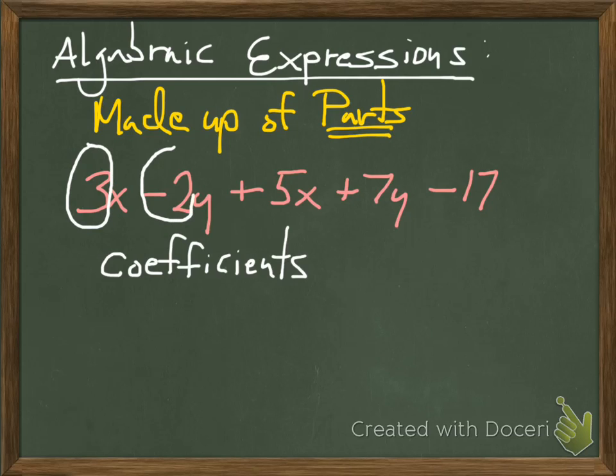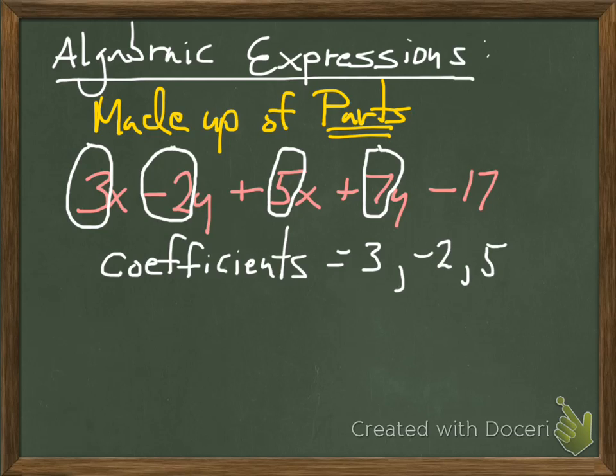And we always include a minus sign in front of a number to make the number negative. Coefficients are numbers that are with variables. They are multiplied times the variable, and they tell us how many of that variable we have. So the coefficients in this case are 3, -2, 5, and 7, because those are all the numbers that appear in front of variables, or multiplied times variables.